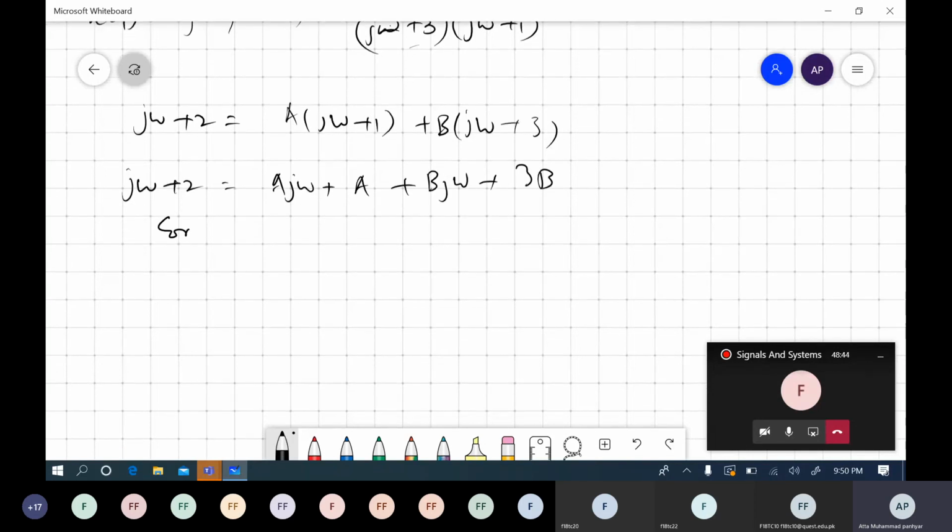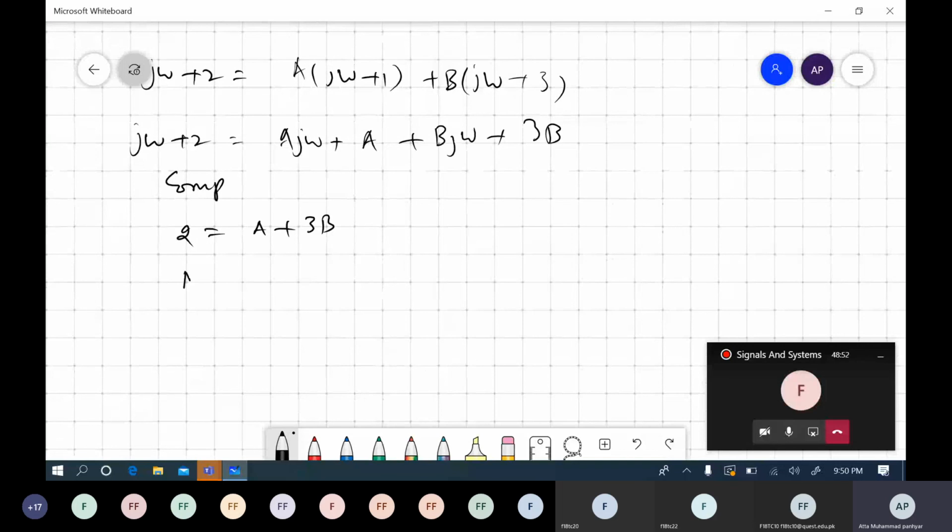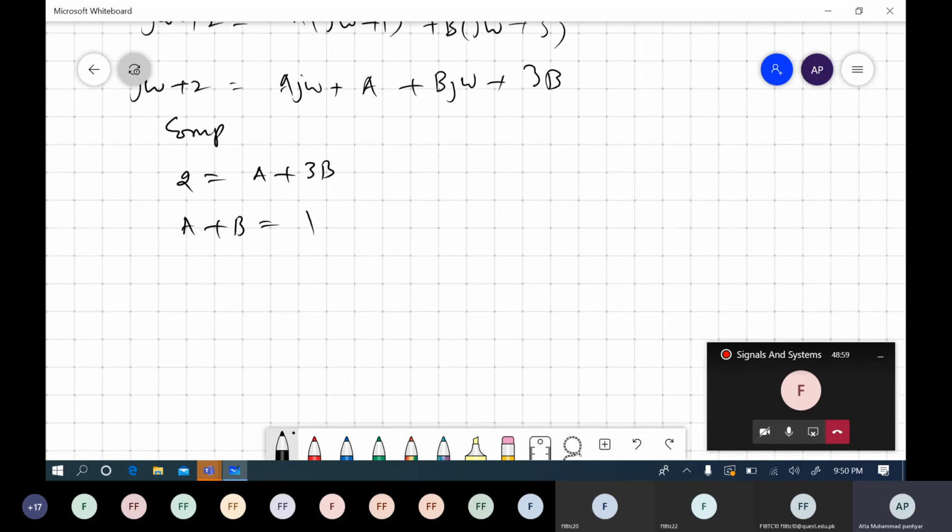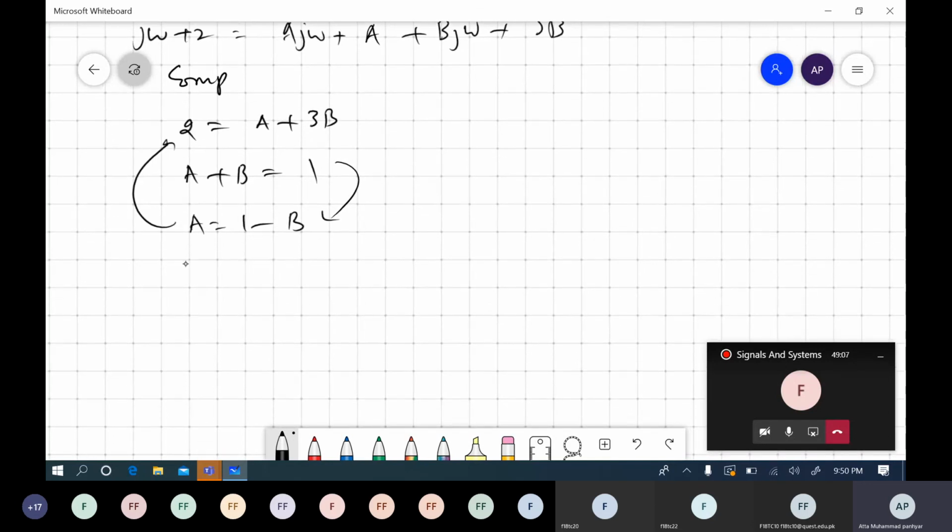Now comparing coefficients, we get 2 is equal to A plus 3B, and A plus B, the coefficient of j omega, is equal to 1, right? Then A is equal to 1 minus B from this equation.